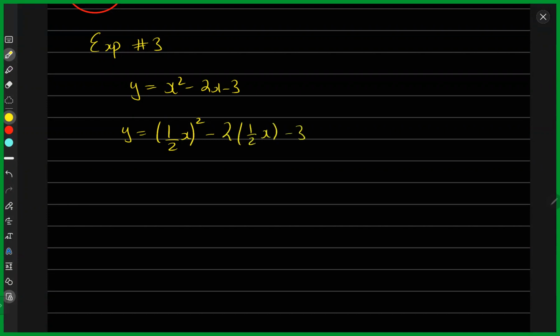Okay. This one is 1 and this one is 2. The thing is that now we have 1 by 2 here. So a is 1 by 2. And the stretch factor is 1 by a. So it implies the stretch factor is 2. Okay. Let me make the graph for this scenario.